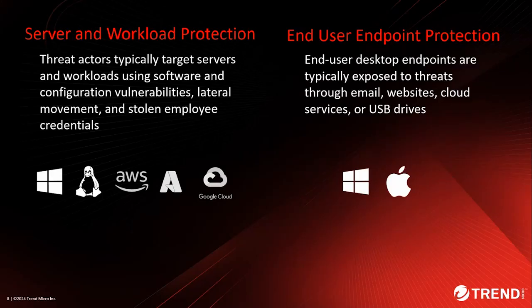On the other hand, end user devices like desktops are commonly exposed to threats through emails or by visiting unsafe websites. Since these devices are used differently, the protective strategies we employ are also distinct.